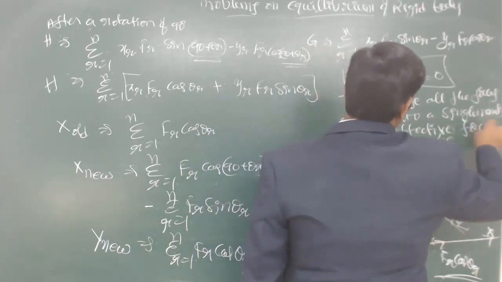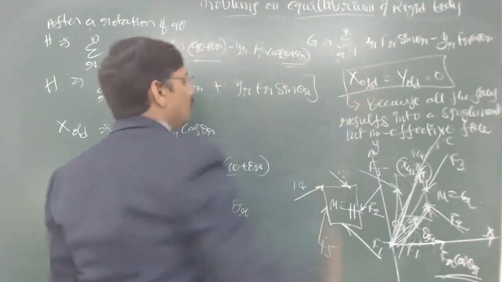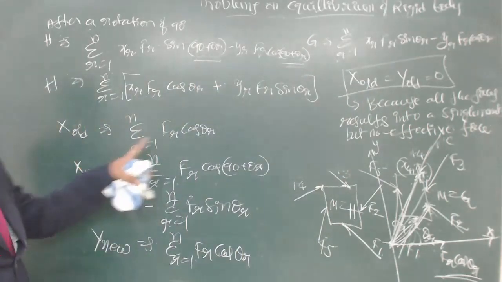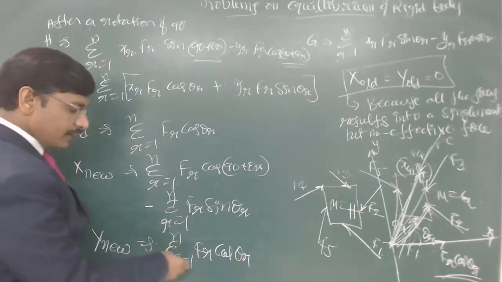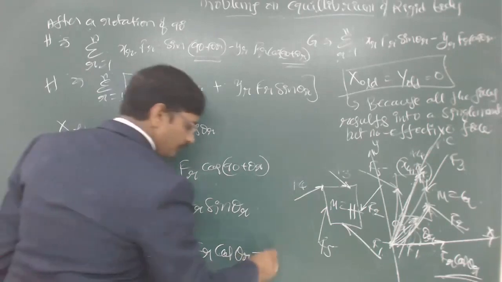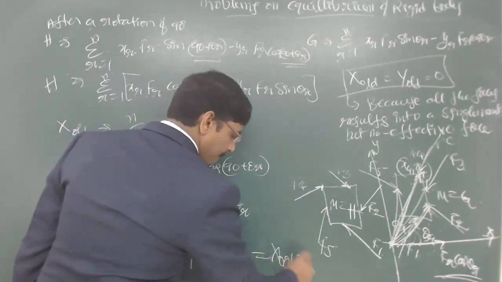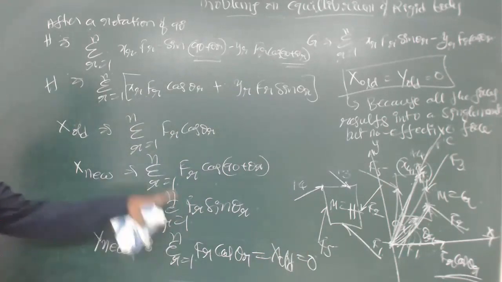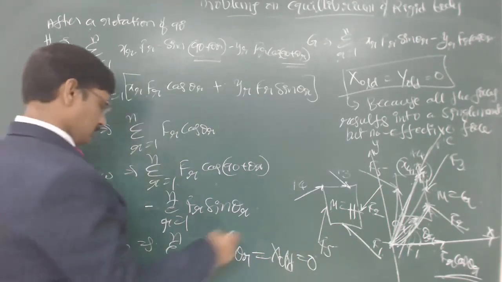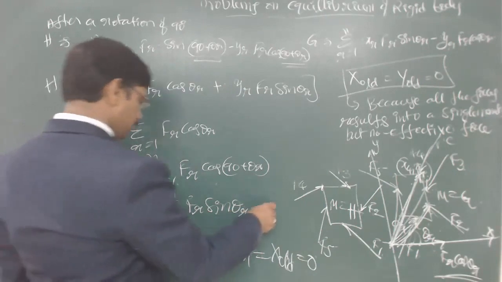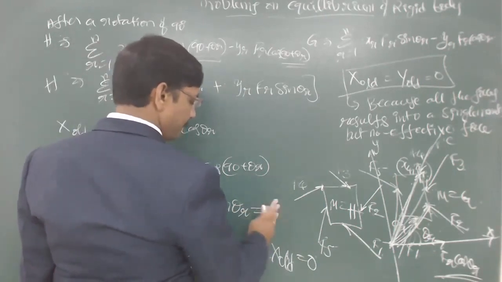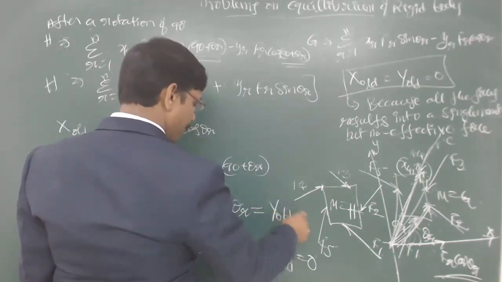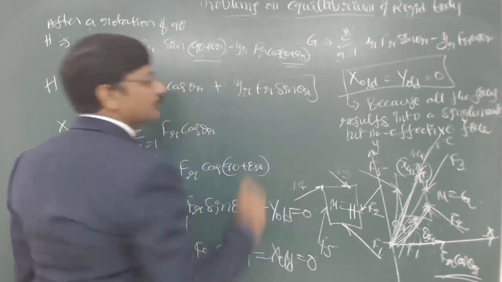Because of this reason, x old is nothing but sigma fr cos theta r, and y new is minus x old, which is equal to 0. And similarly, x new is y old, minus of it, which is again equal to 0.